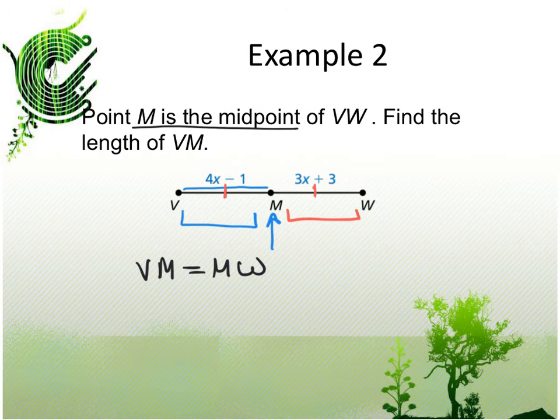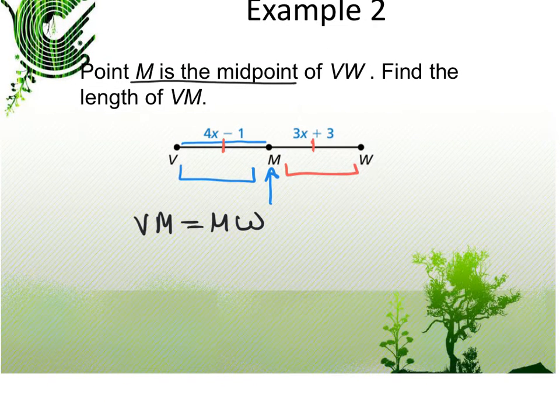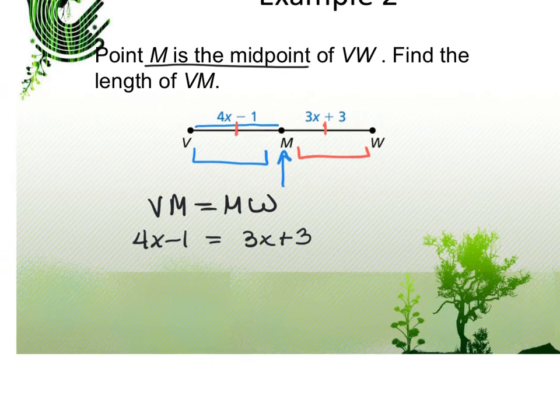So I'm going to write an equation representing this. I know that VM is equal to 4x minus 1, and MW is 3x plus 3. Now, when you're doing your homework on things like this, I need to see the equation that you're using, and then I need to see you work it out.